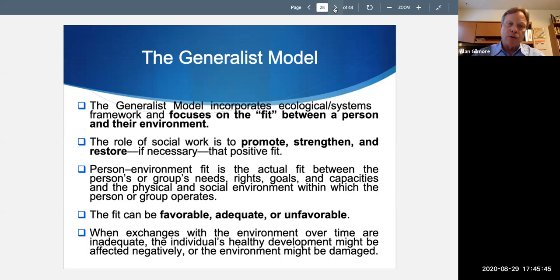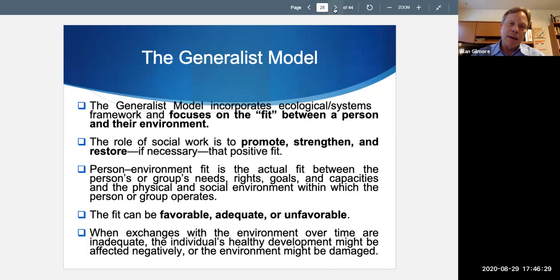And so the role of social work is to promote, strengthen, and restore, if necessary, that positive fit. So by helping clients strategize about ways to be more successful within an environment, to promote their resiliency, their flexibility, and their ability to implement change, all of those things come into play when you're working with clients so that they can discover a better way to fit within the environments that they're struggling within.